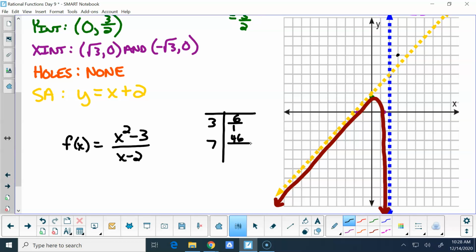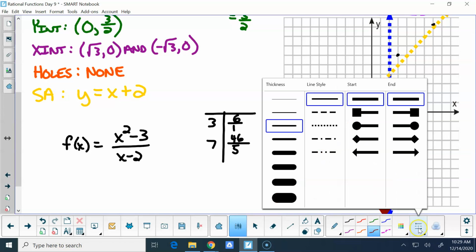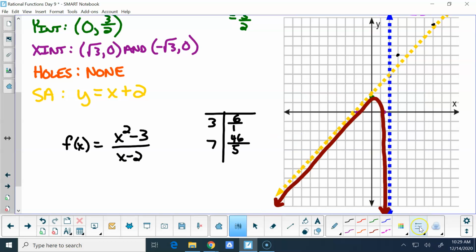Why did I jump to 7? Oh, that's fine. 7 minus 2 is 5. 46 divided by 5 is 9, a little bit more than 9. So up there. And there you go. There's your function.